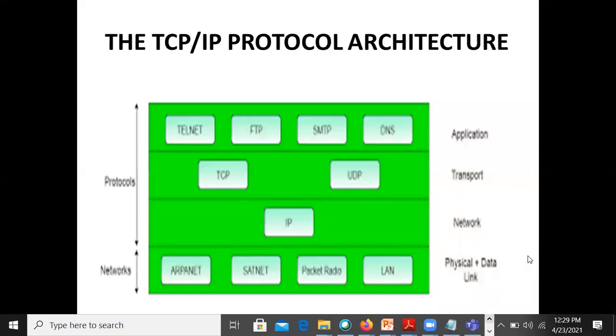I require some application to send the message, a mail application. Whatever application interacts directly with the user, we call that the application layer. If I want to send a message, I cannot directly put the message on the lines. I cannot send the signals directly.